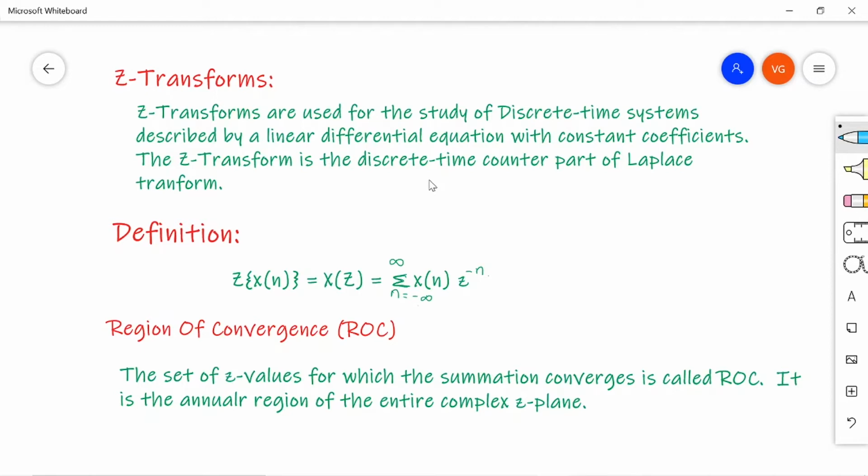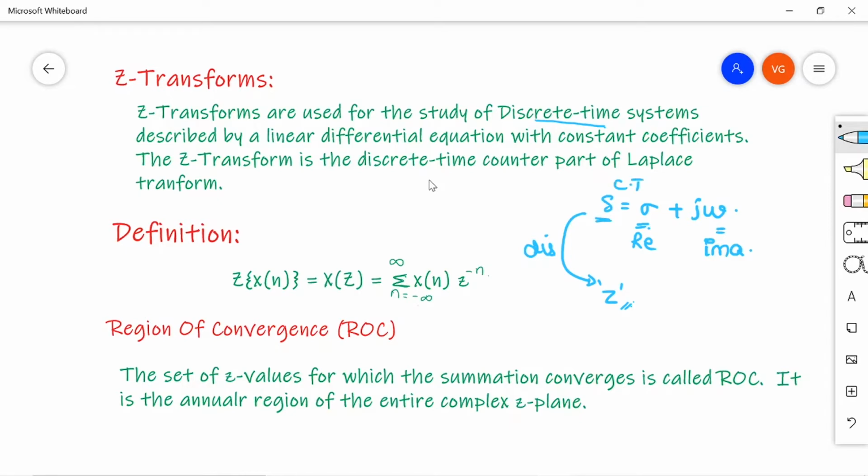You might have studied the Laplace transform, in which S is equal to sigma plus j omega, where sigma is the real part and omega is the imaginary part. Here also, the discrete conversion of this S is Z. That is, the Z transform is used only for discrete time signals, whereas the Laplace transform is used for continuous time signals.